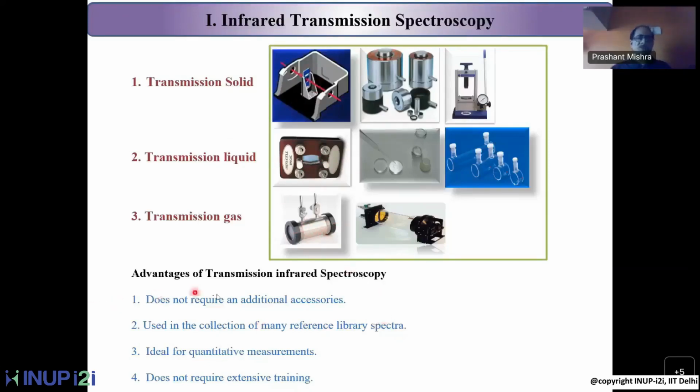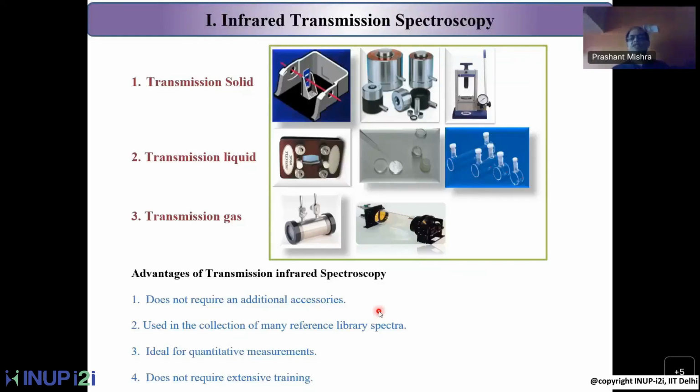Now coming to the advantages of transmission infrared spectroscopy, you find that it does not require an additional accessory other than the holder. The same instrument, same material can be employed, and it is used in the collection of many reference library spectra. For various compounds, we have a library.